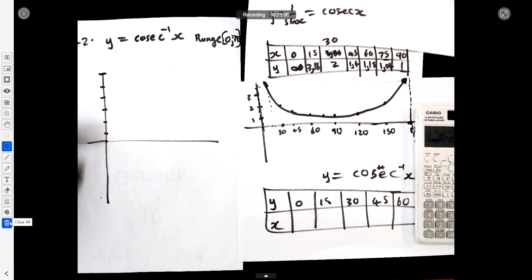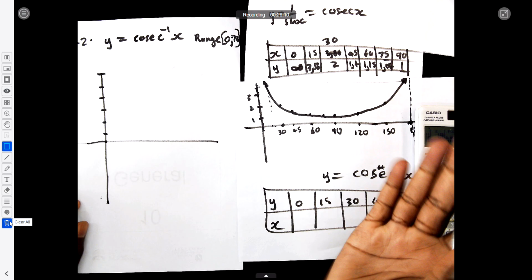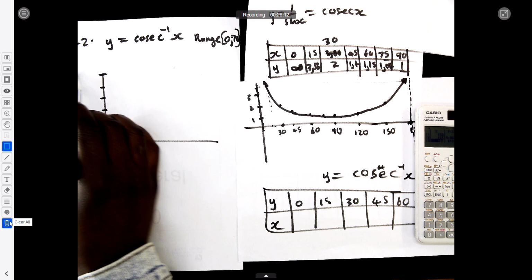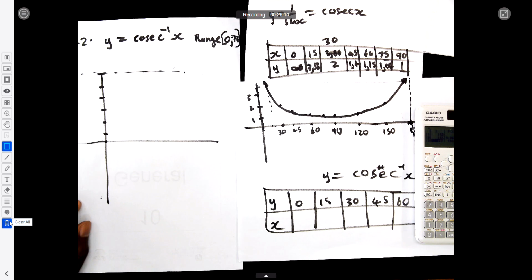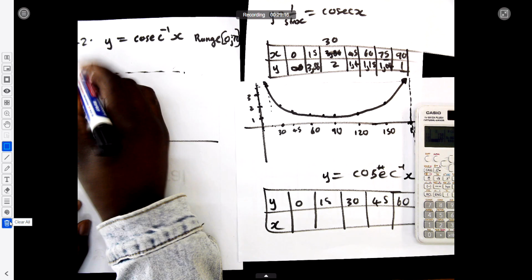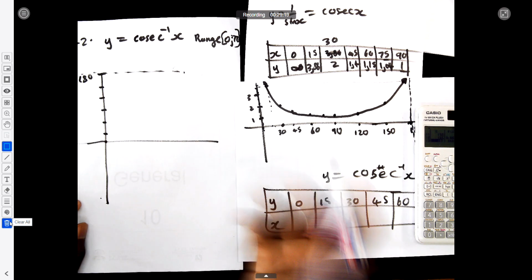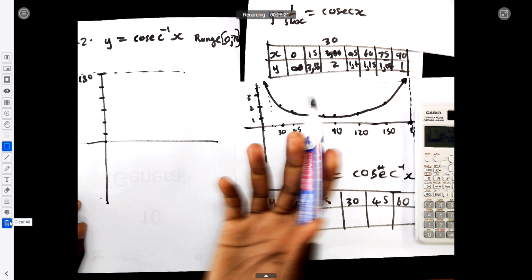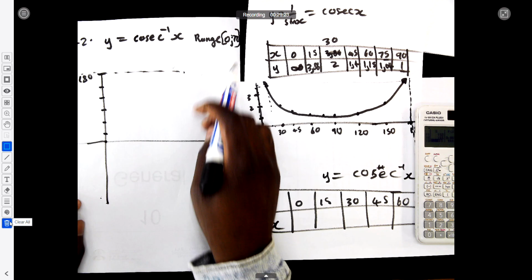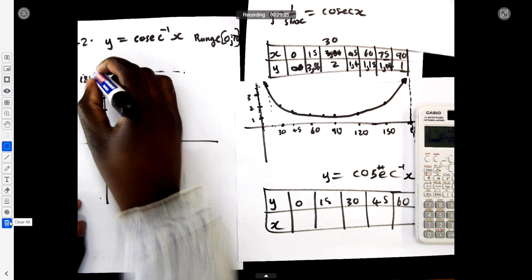We know at 0 and 180 we have asymptotes. If at 180 you had a vertical asymptote, this is going to be a horizontal asymptote, 180 degrees. They didn't say 180 was given as pi, but we know that in degrees we have 180 degrees.